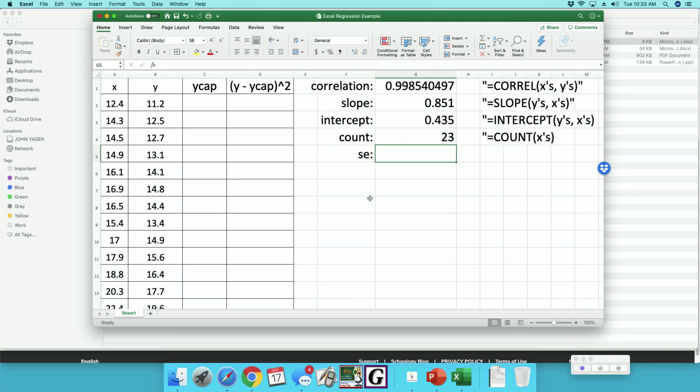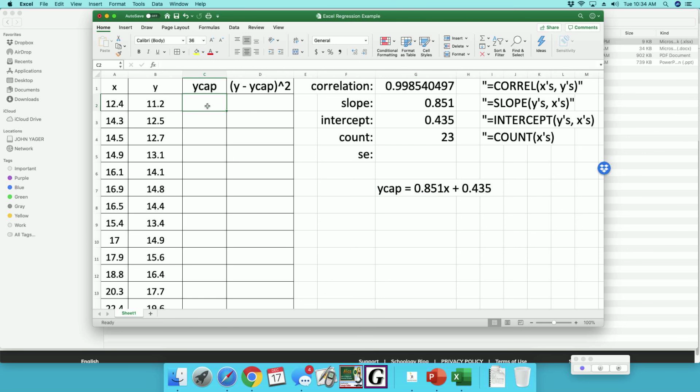Now, just so you know, our equation is going to be y cap equals 0.851x plus 0.435. We're going to use this equation to figure out y cap. Y cap is our predicted y value based on our linear equation. So we're going to build this block here, C2.